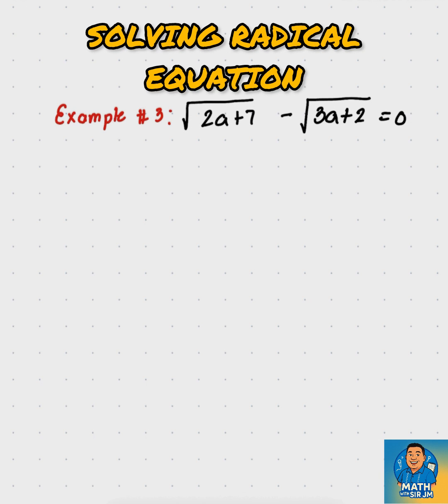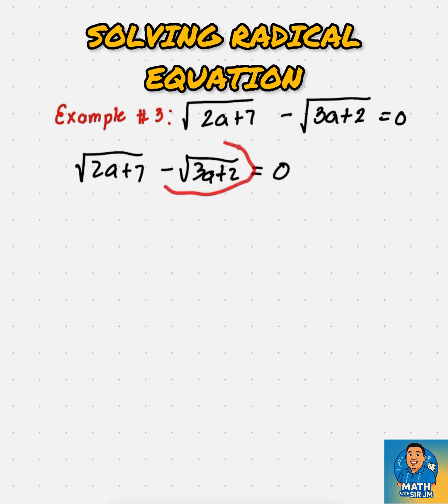Let's have example number 3. We have here square root of 2a plus 7 minus square root of 3a plus 2 is equal to 0.